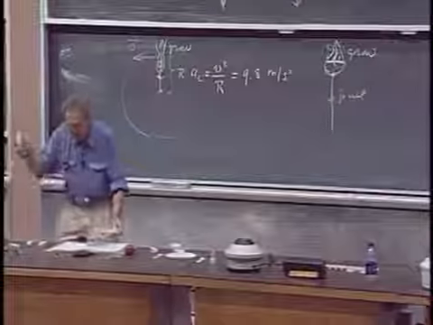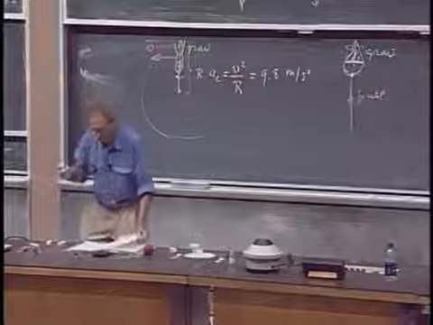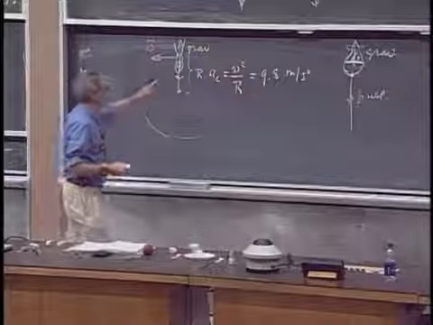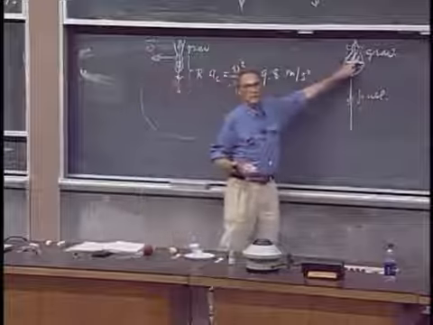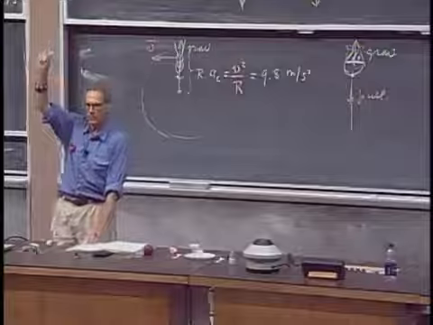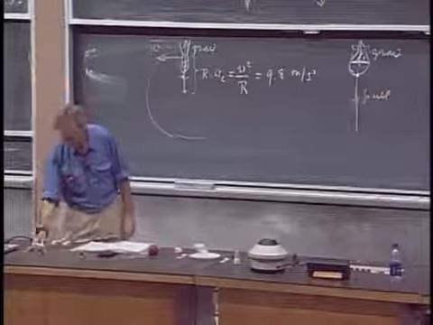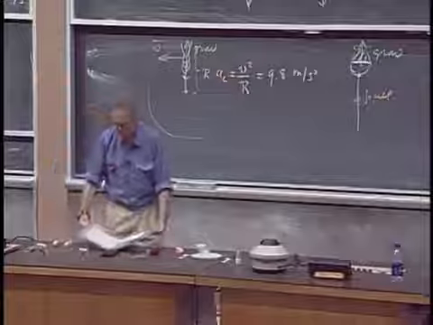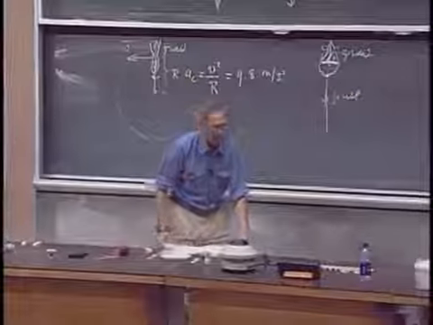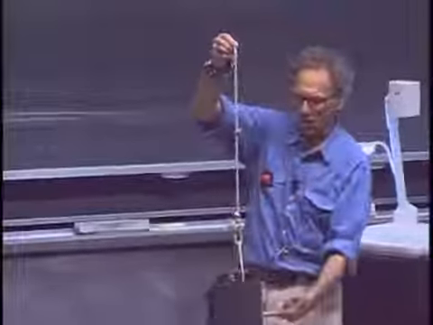So I could swing this thing around, if I do it fast enough, so fast that the acceleration at this point here must be larger than 9.8. The water will stay up while the bucket is upside down. How fast should I rotate it? Well, let's put in some simple numbers. I have here this bucket, and let's say that this is about 1 meter.